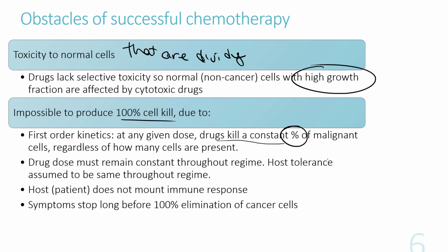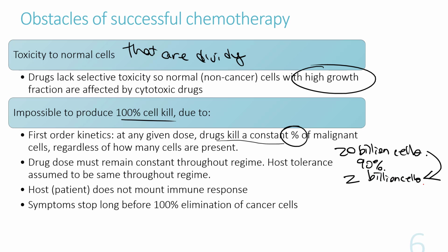So say, for example, you start off with 20 billion cells. And each round of chemotherapy is going to kill 90%, right? So if we kill 90% of the cells, then after the first round of chemotherapy, you only have 10% left. So you have 2 billion cells left.